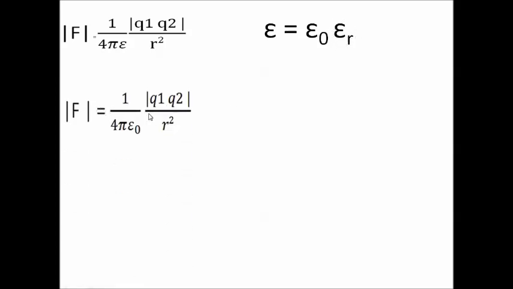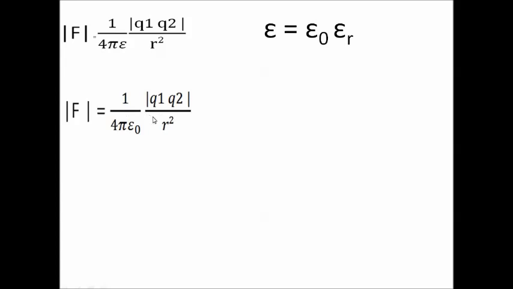And in Coulomb's law, I told you how to calculate the value of epsilon. Epsilon equal to epsilon 0 epsilon r. So, if the two charges were present in air, instead of epsilon, we can write simply epsilon 0 because the value of epsilon r is equal to 1. So this is the equation if the charges were present in air.